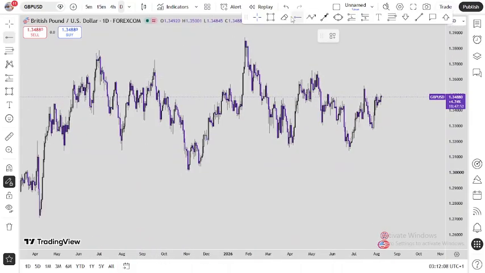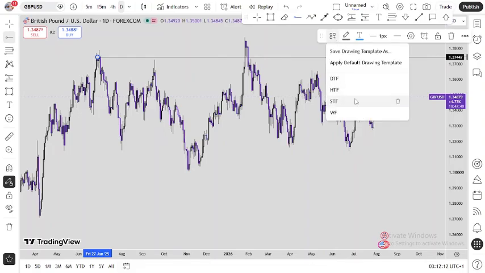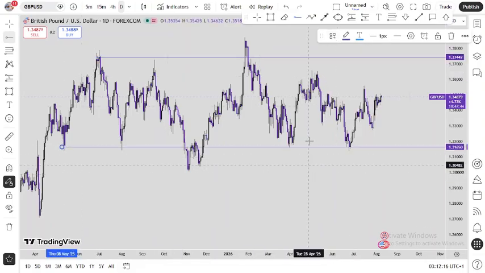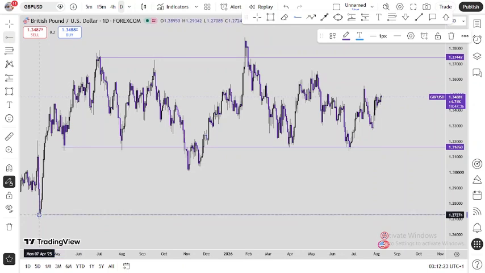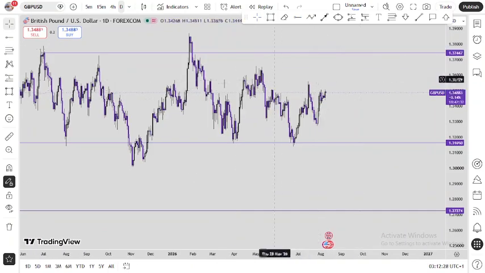So on GBP USD, we can see that for a while now we've been on this extended range that's wide, but a range nonetheless. And right now on the range we can see that price has been slightly bullish since the 29th of July, right?